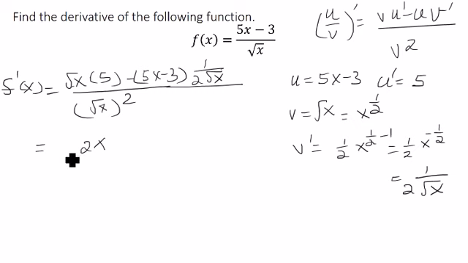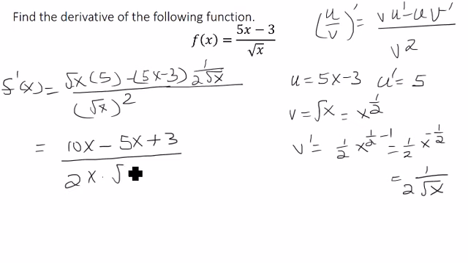So that's a 10, so let's just write that as 10x on the top. 10x minus, on this one I have 5x minus 3 on the top, and then on the bottom I have square root of x squared, which is x, times this 2 square root of x coming down here, so there's going to be 2 and then square root of x.